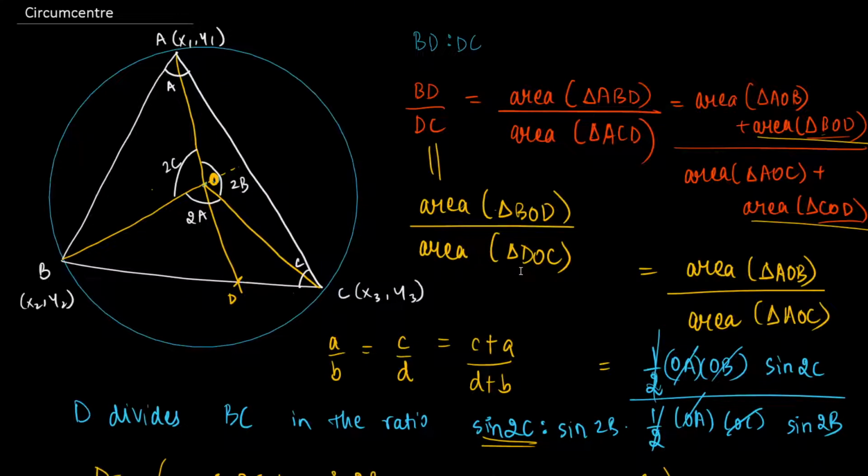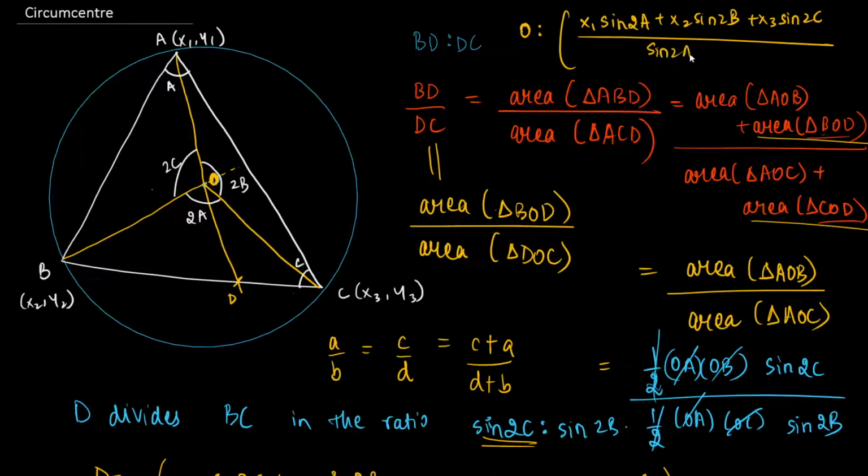So the coordinates of the circumcenter given these notations are x1 sine of 2A plus x2 sine of 2B plus x3 sine of 2C divided by sine of 2A plus sine of 2B plus sine of 2C, and the same thing again for y. Instead of the x's, you write the y's. And yeah, that's the circumcenter. See you in the next video.